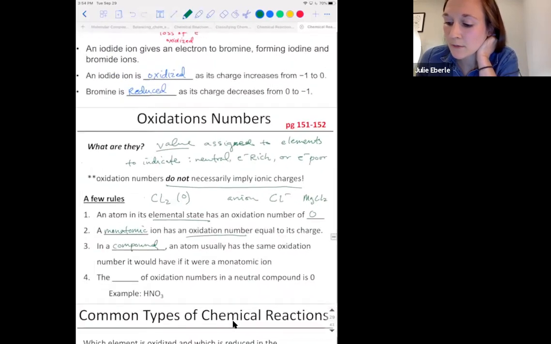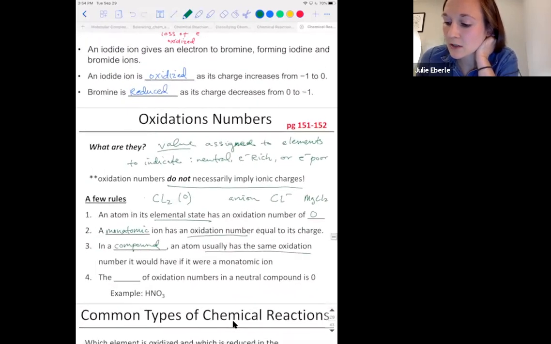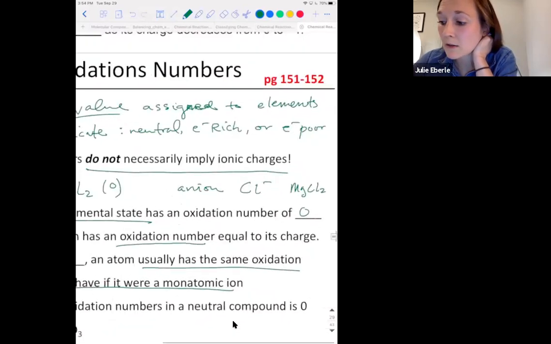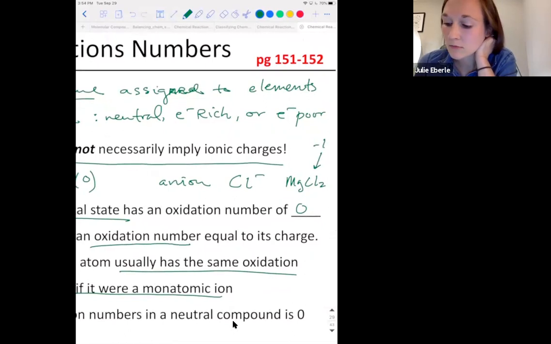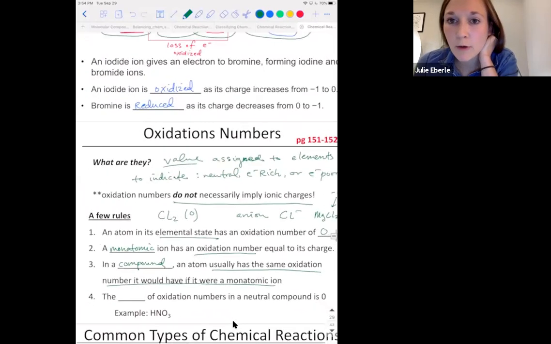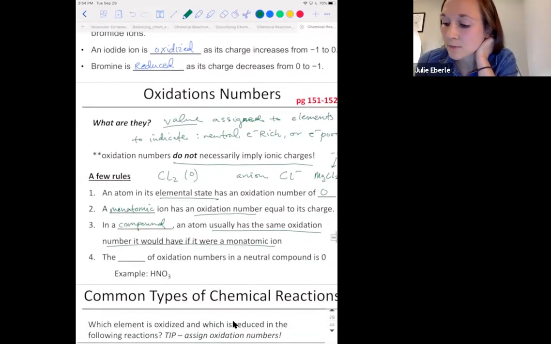Rule number 3 is saying it would usually have the same oxidation number it would have if it were a monatomic ion. Well, when chlorine was a monatomic ion, we gave it an oxidation number of minus 1 because that's what charge it carries. So all rule number 3 is saying is even when it's in a compound, we still give it an oxidation number of minus 1. So you think about what it would be if it were a monatomic ion, and you give it that oxidation number.